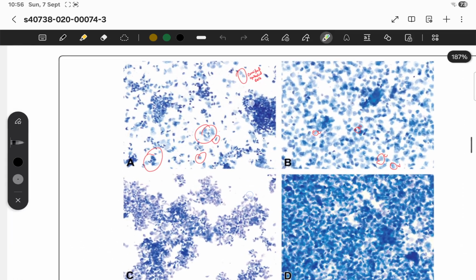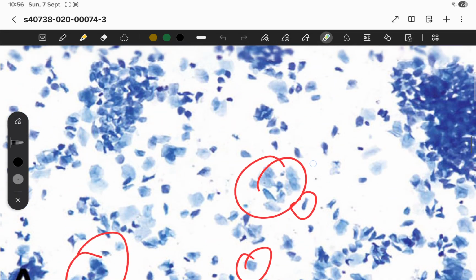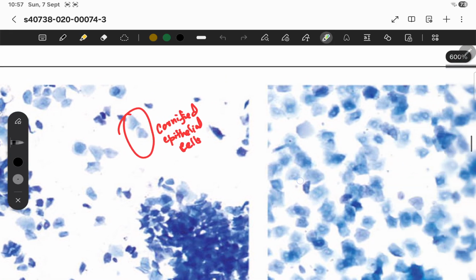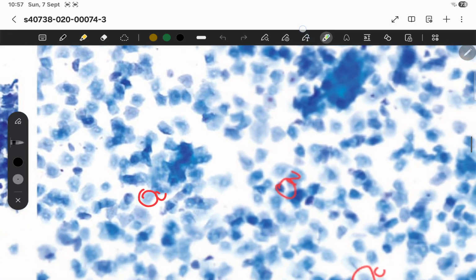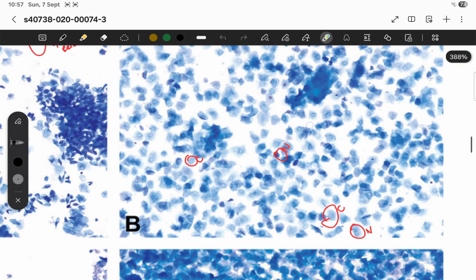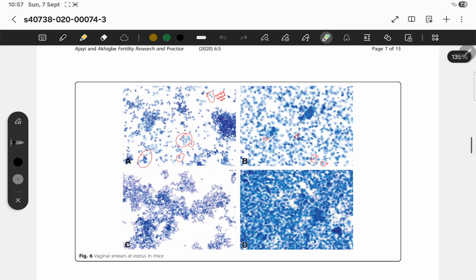This is in the estrus phase. See, cornified epithelial: these are sharp ended and they do not have a nucleus. You cannot see a nucleus in them. So there is a nucleated epithelial here, this cornified here, nucleated epithelial here.